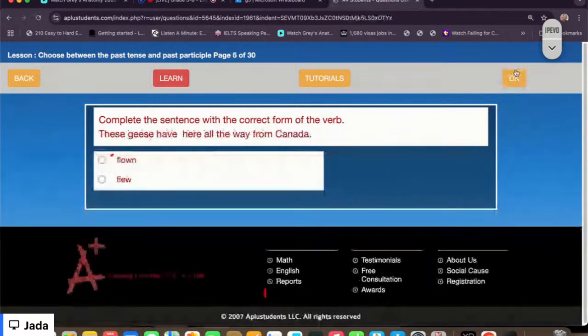These geese have flown or have flew here all the way from Canada. What do you think?